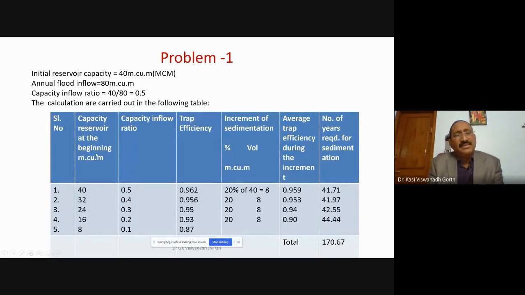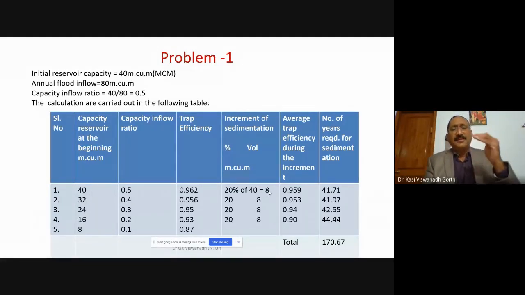For a reservoir, the initial capacity is 40 million cubic meters. You are taking 20% in 5 steps. Instead of taking a 10% interval, a 20% interval is taken. 20% of this 40 is 8 million cubic meters. 8 million cubic meters is initially filled.